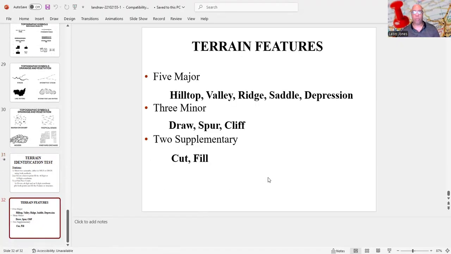Again, your terrain features. You have 5 major terrain features: hilltop, valley, ridge, saddle, depression. 3 minor: draw, spur, and cliff. And your 2 supplementary: cut and fill.